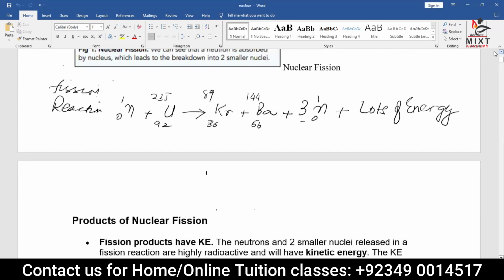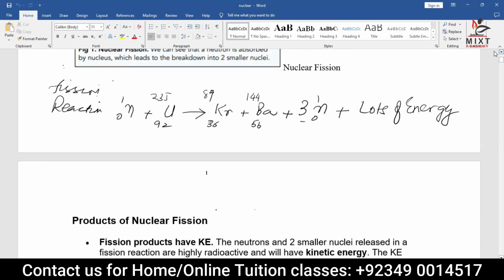This is your equation. Now, what did you see? What is the first thing you write? What is the product of this reaction? Krypton and barium. Yes, these are the two products of this fission reaction. And what are the other byproducts? Two to three neutrons and lots of energy.